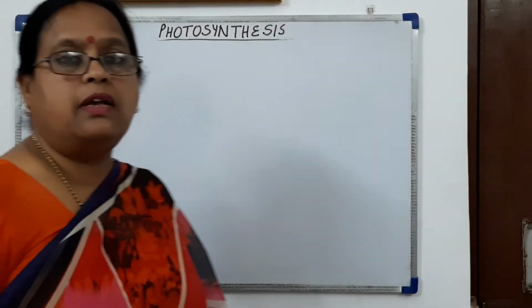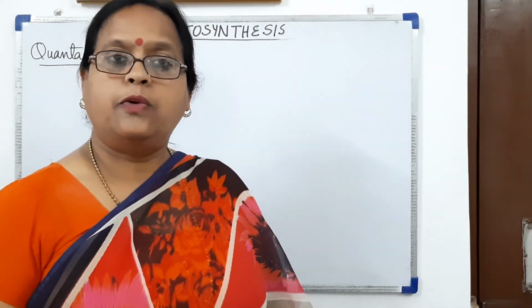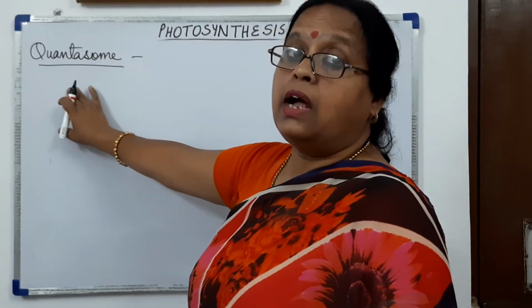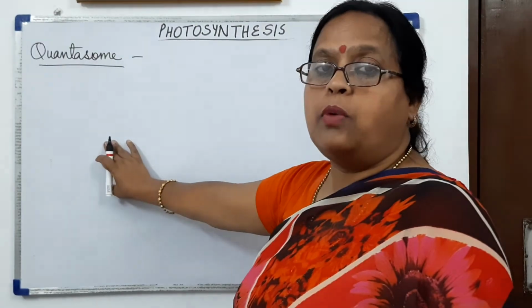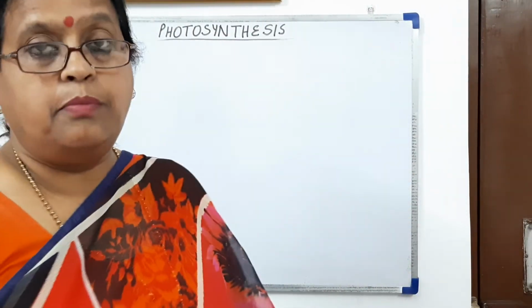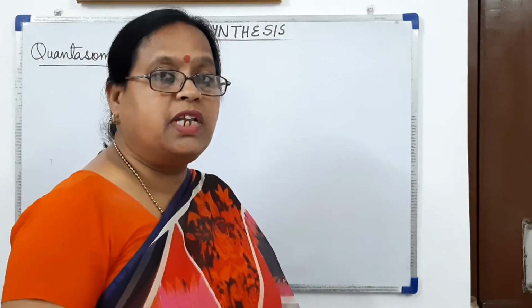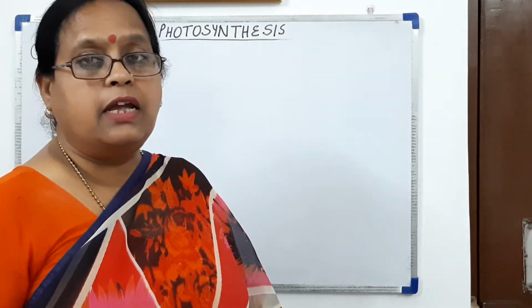Now, before we start the process of photosynthesis, we are required to know the quantasomes. What are the quantasomes? These are the energy absorbing molecules. This is a complex made by the pigments absorbing different wavelengths, and they make a photosynthetic unit.